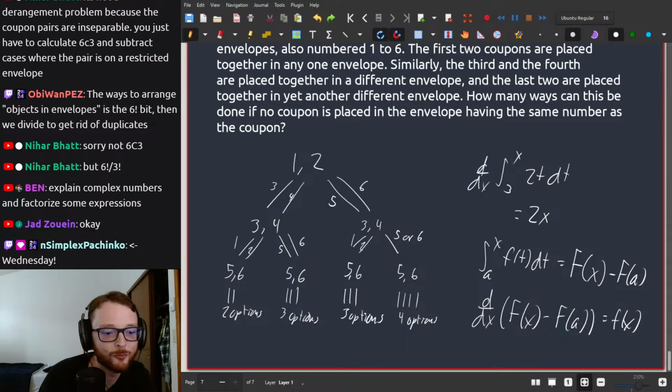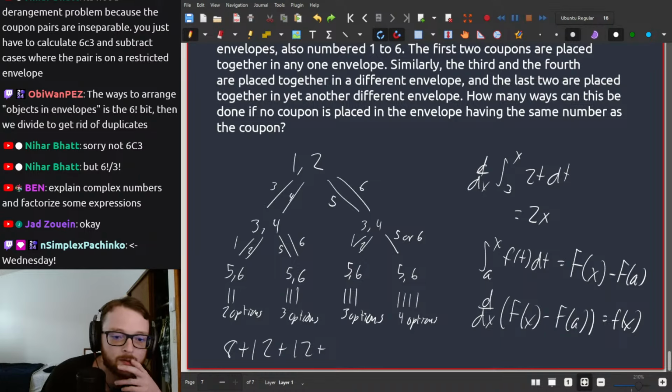But that's 2 cubed is 8 plus 12 plus 12 plus, only one? Wait. I don't know. 2 plus 8.